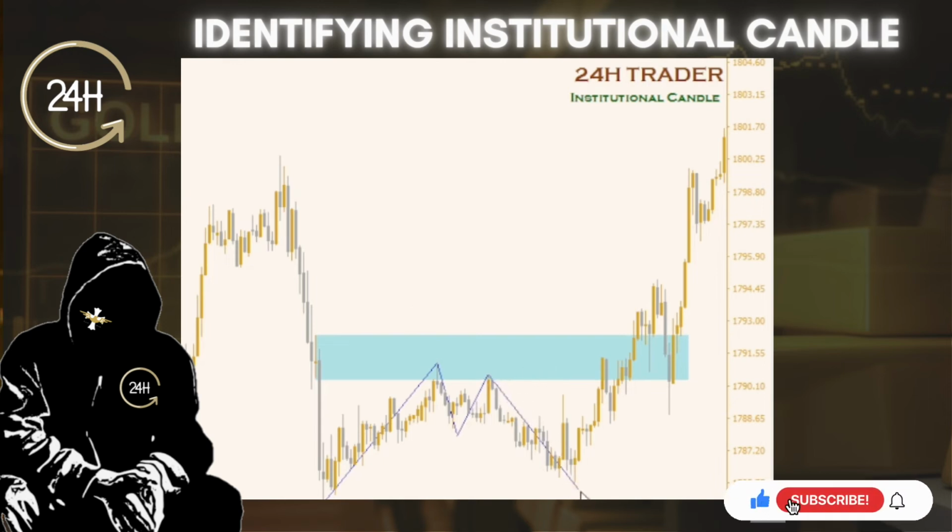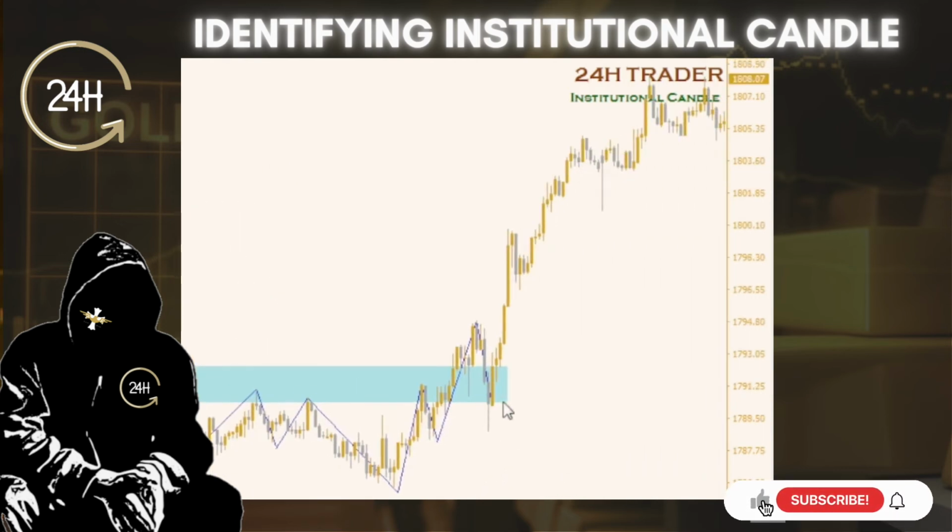Once it's broken, right here, until the market reaches here, this one is a confirmed institutional candle. Because there is also a break of structure right here. So this one is a confirmed institutional candle. All you need to do is wait until the market reaches this area again, and then it will bounce.